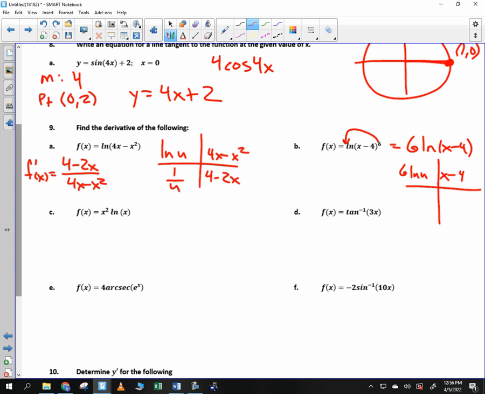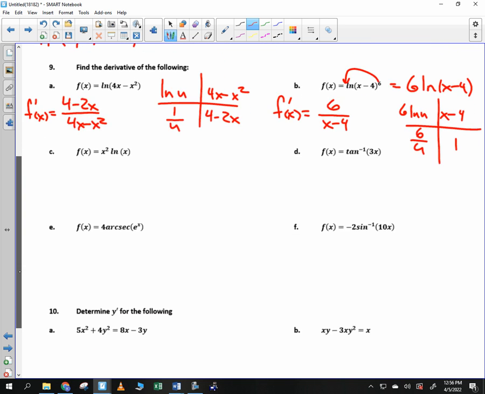Now do your chain rule. What's the derivative of x minus 4? 1. What's the derivative of 6 natural log of u? 6 over u. So f prime of x is 6 over x minus 4. We made that a lot easier than it would have been otherwise, right?